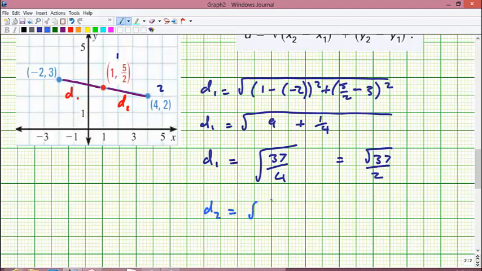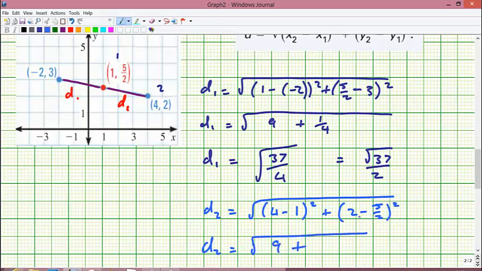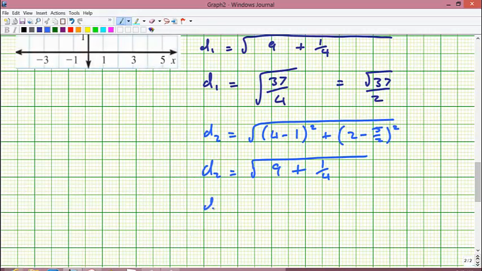For D2, it's the square root of x2 minus x1, 4 minus 1 squared, plus 2 minus 5 over 2 squared. 4 minus 1 is 3, 3 squared is 9, 2 minus 5 over 2, that's 2 minus 2.5, that's minus a half, all squared, that's 1/4. And this is obviously exactly the same distance, 37 over 4, which equals root 37 over 2.